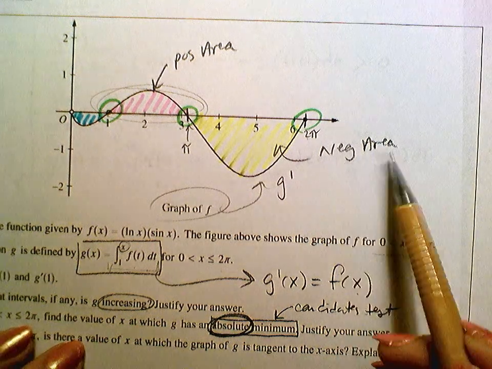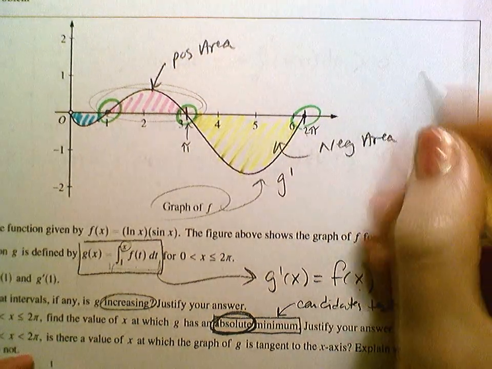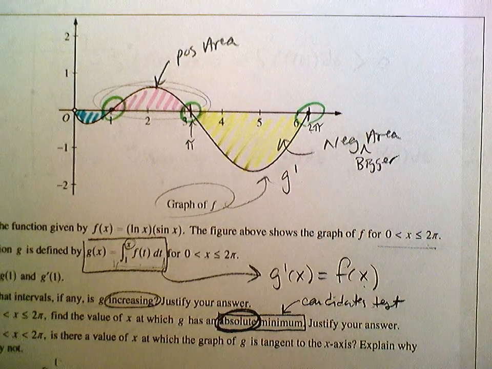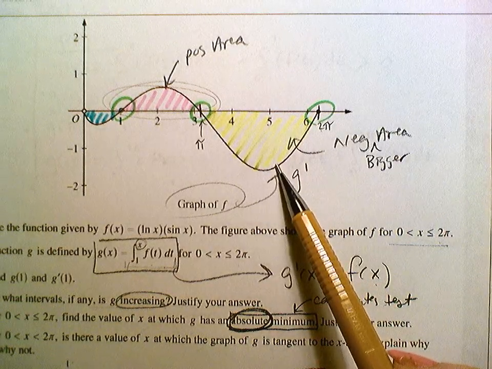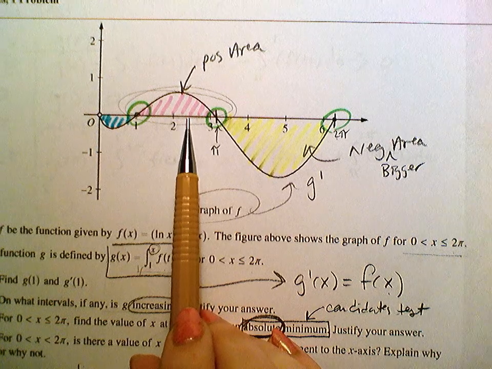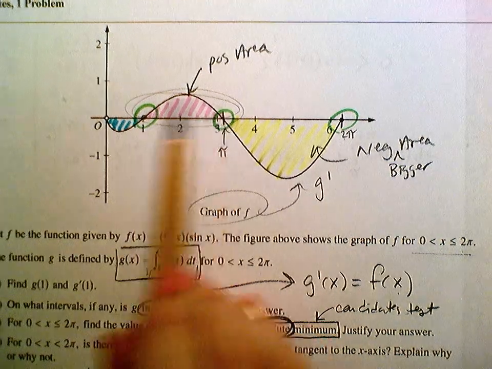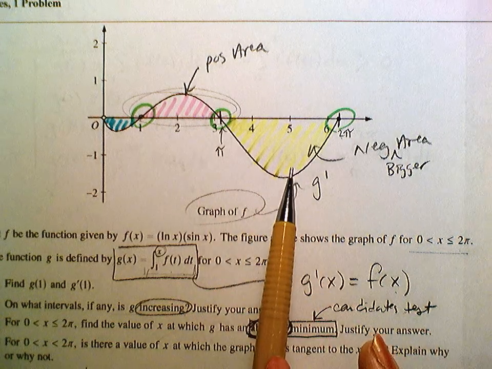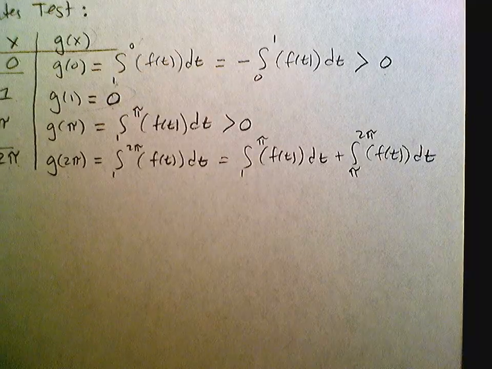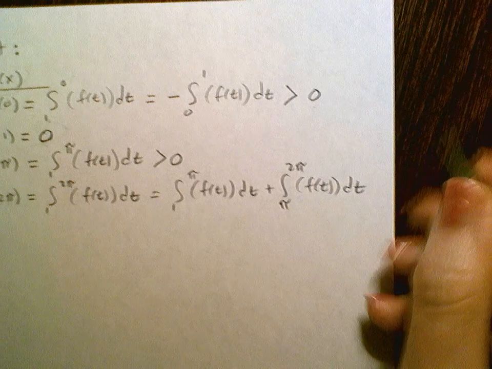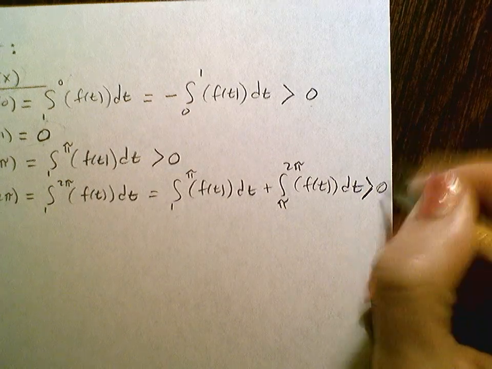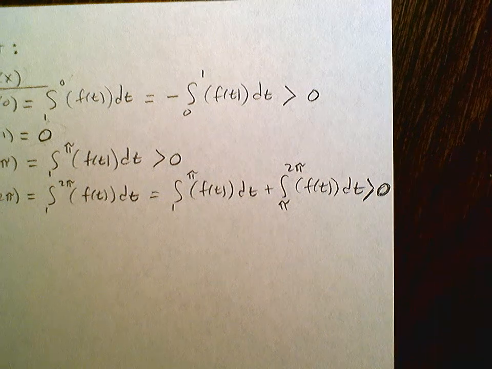Not only is it a negative area, but it's a bigger area. The yellow part is outweighing the pink part. So you've got a small positive number plus a bigger negative number. Okay? So the judgment that we can make is that this sum is greater than 0.